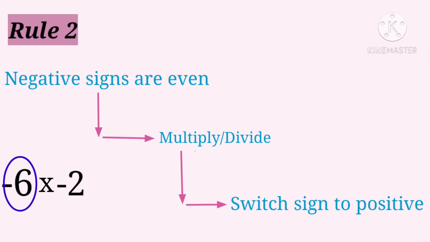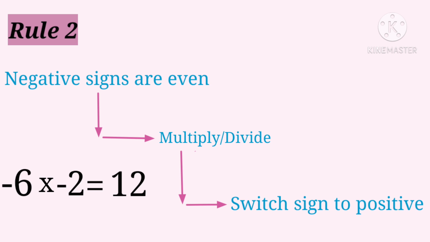The 6 is negative and the 2 is also negative. This means we have an even number of negative signs. So we simply multiply both numbers and switch the sign to positive to obtain our answer. Negative 6 times negative 2 will then result in positive 12.